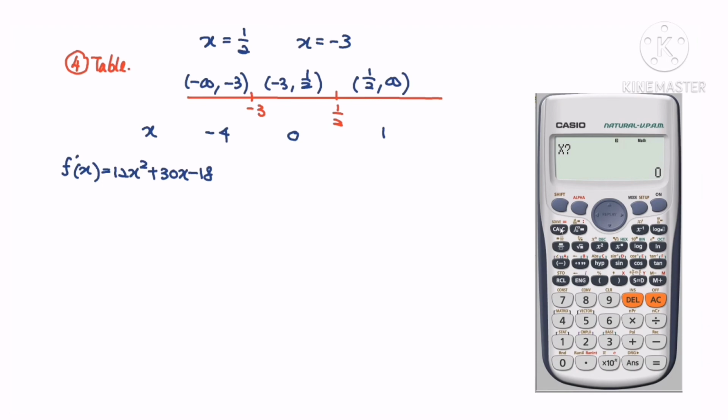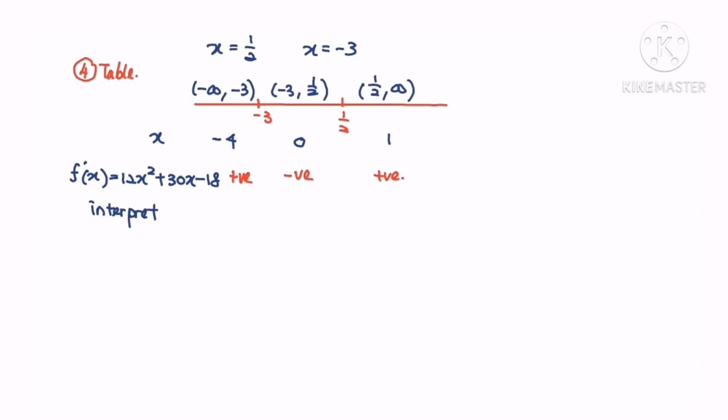Kindly substitute the value negative 4, and we will have 54, which is a positive value. Next, followed by 0, and we will have the value of the first derivative as negative 18, which is a negative value. Next, substitute the value 1, and we will have 24, which is a positive value.